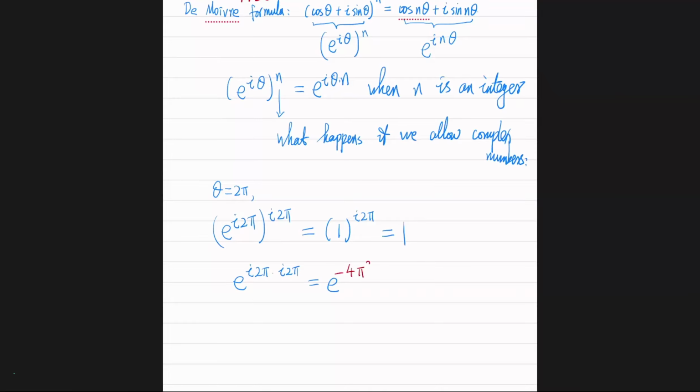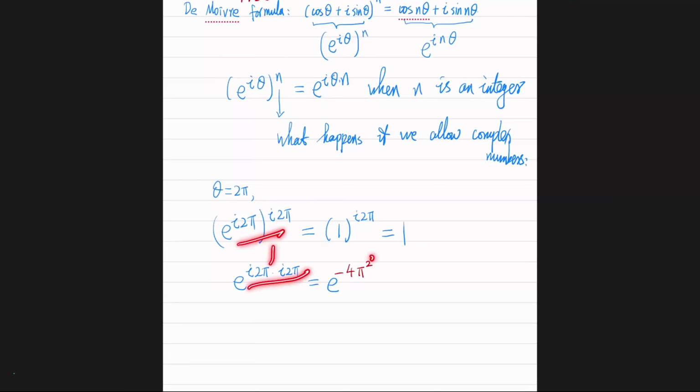If we apply this rule to complex powers, then we get some contradiction. If we do this first, we get 1. If we do this rule, we get this number. They are different.